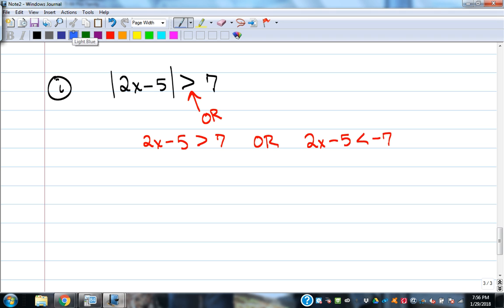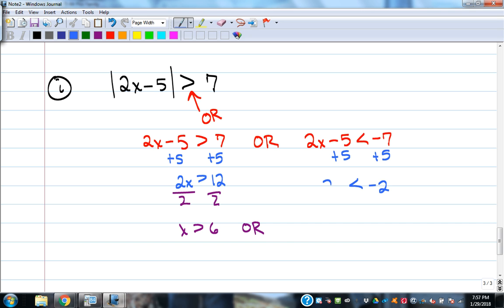Then solve each of them. 2x greater than 12. Then divide by 2. X is greater than 6. Or find the answer on the other one. Add 5. That's negative 2. Divide by 2. And x is less than negative 1.